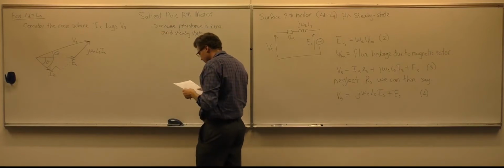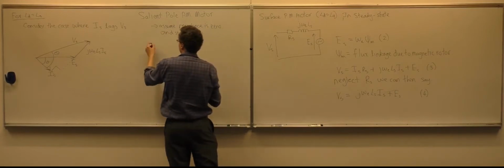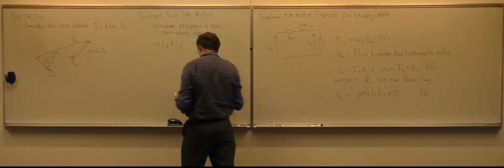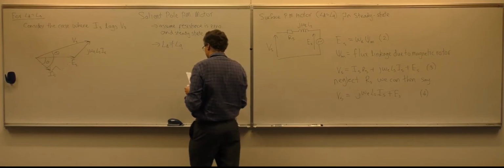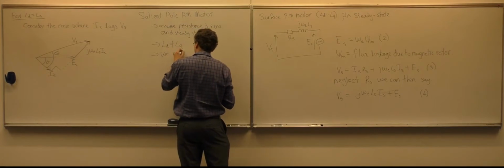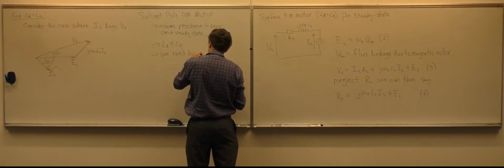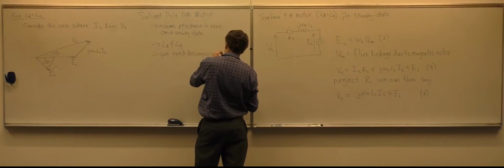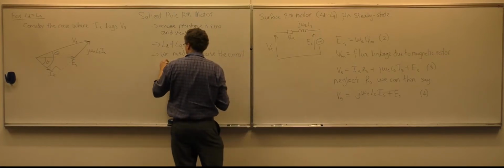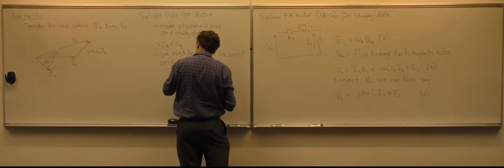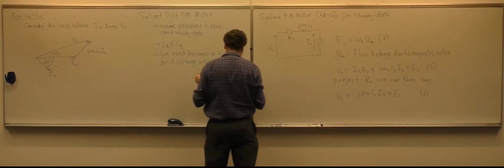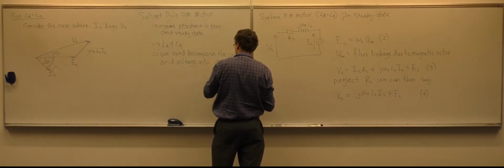And so in this case, the LD will not equal the LQ, and so we need to decompose the current and voltage into DQ components.